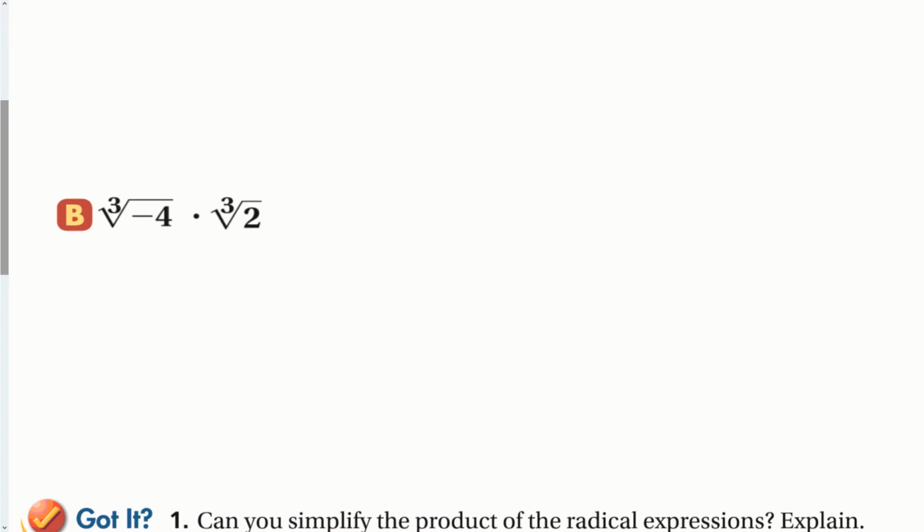However, for part B, because they're both the third root, we can simplify this into the third root of -8. And then I can decide if it can be simplified any more, and it can. -2 times -2 times -2 is -8. So the answer for that is -2.